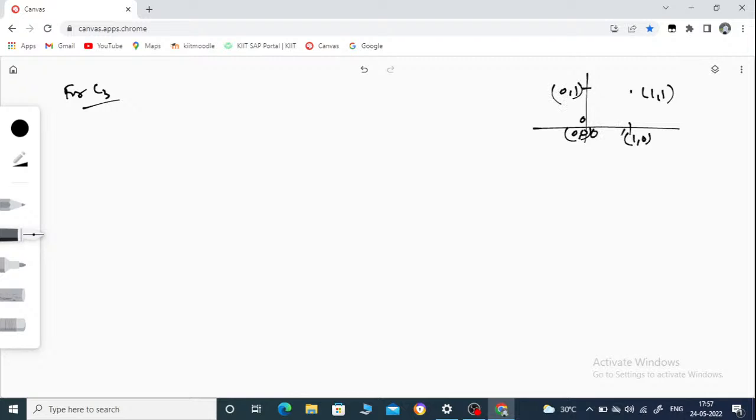This is O A B C, and this is the curve C1. This is the curve C2, this is the curve C3, and this is the curve C4. Now for C3, what will be the equation of C3? If I go in this direction, and this is the direction of C4.